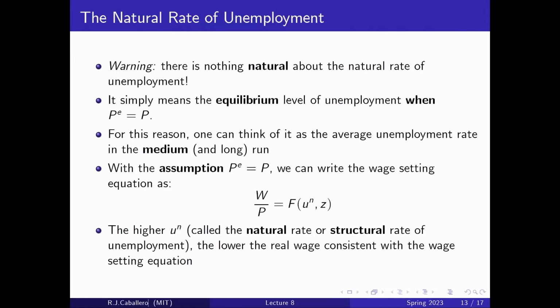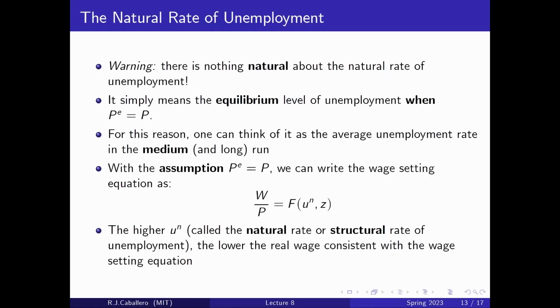Okay, so that took us to the concept of the natural rate of unemployment. And as I said, there's nothing natural about the natural rate of unemployment. It's simply a definition: it's the unemployment that results when the expected price is equal to the actual price. That's all that is.